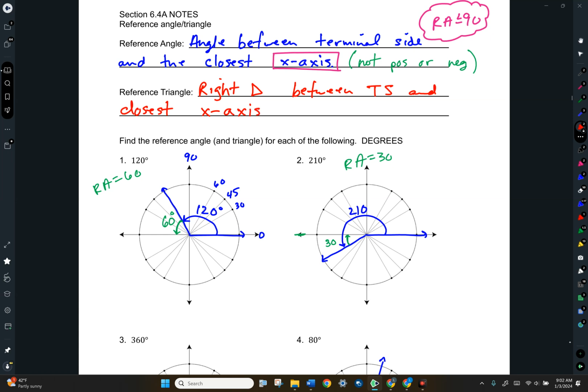So it's very much related to a reference angle.